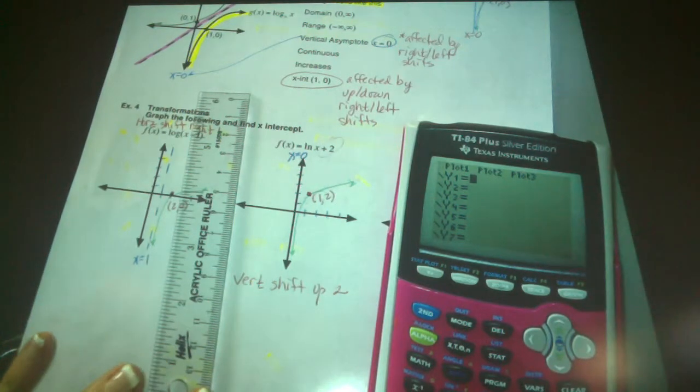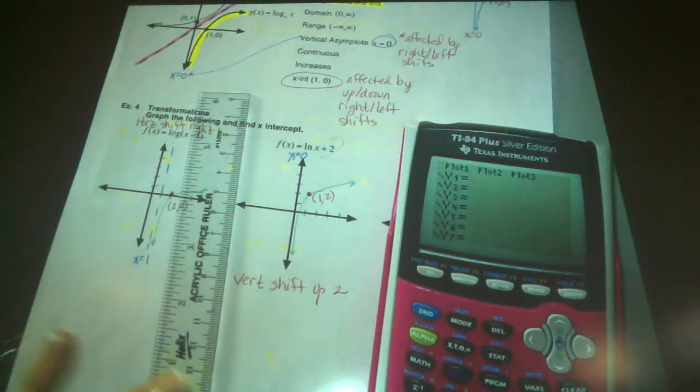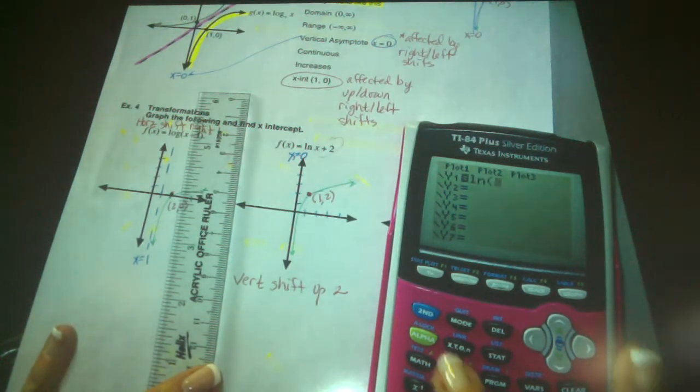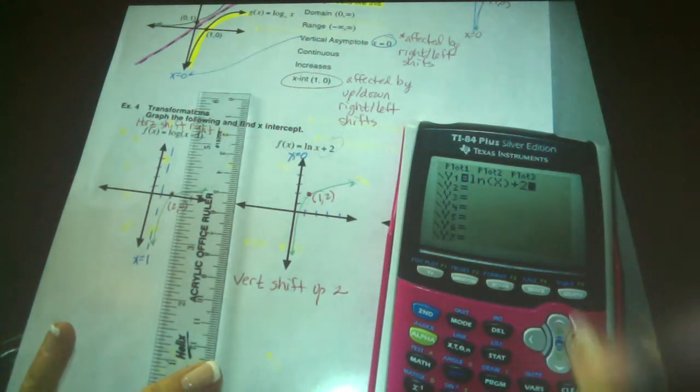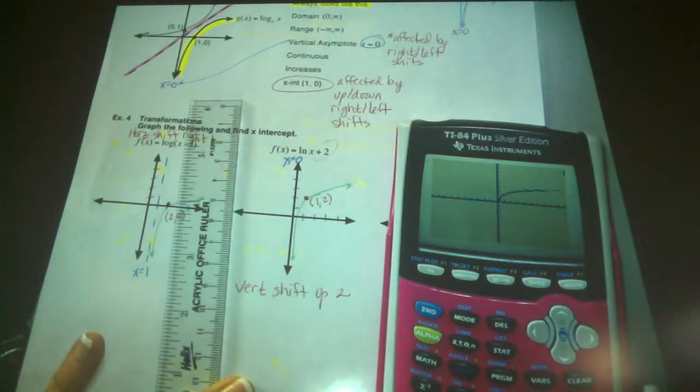And we got natural log of x plus 2. And then graph. So I didn't do too badly. Why does it look like it's coming from 0, 0? Yeah, because of that asymptote.